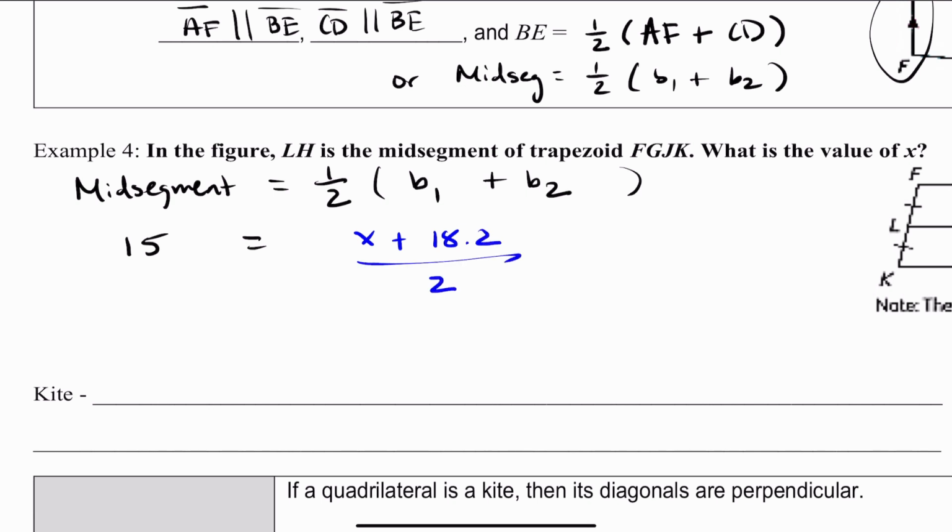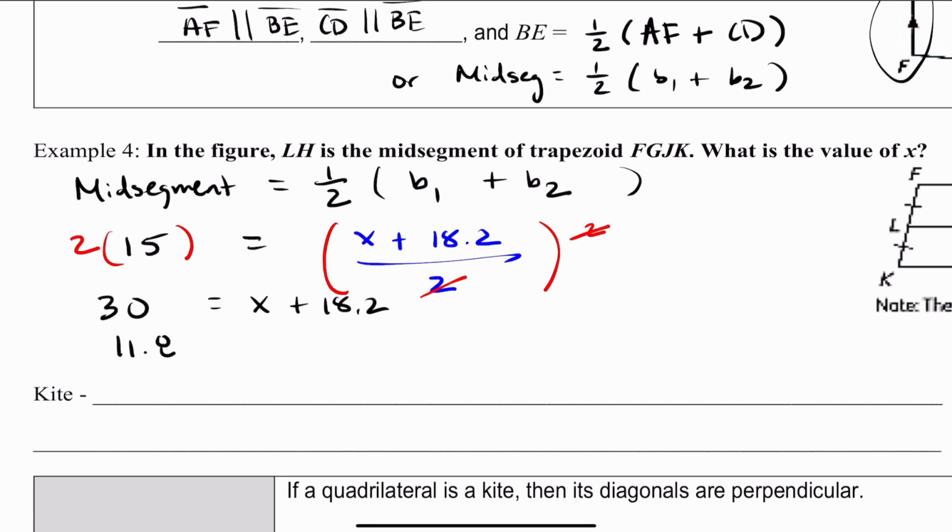When we see a number in the denominator, we basically do the inverse operation. So I'm going to multiply everything by 2, and these 2's cancel out. That's going to give me 30 equals X plus 18.2. And if I subtract 18.2 from both sides, I get 11.8 equals X. And this is my answer.